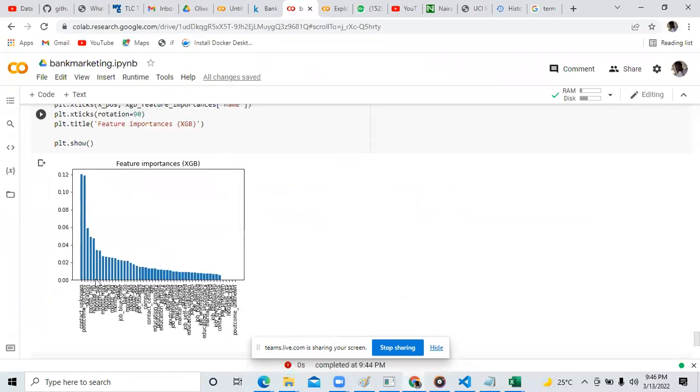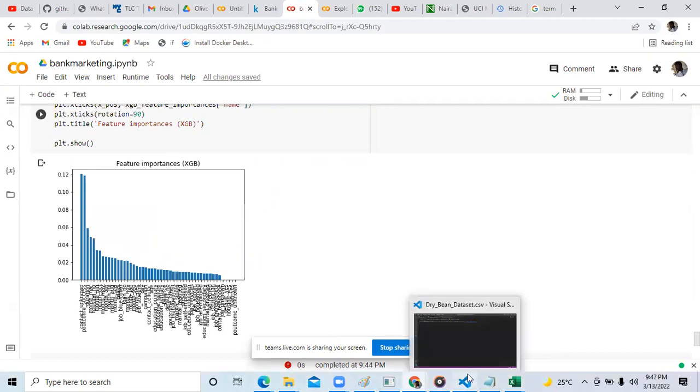I don't want you to rely on feature importance, because sometimes XGBoost might tell you that a feature is important when it's not really important. So I don't want you to rely on the feature importance library, but it's like a validation of all the insights you've gained while doing the work ahead.